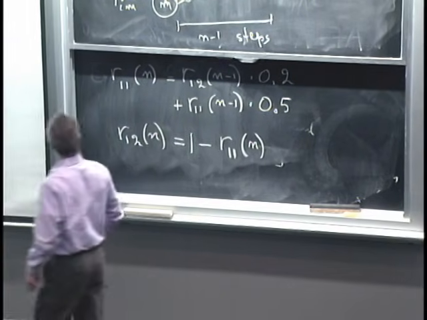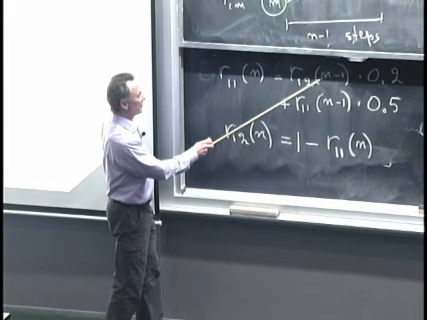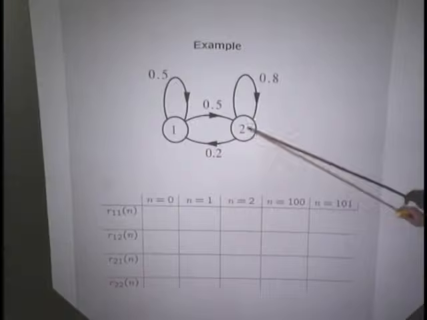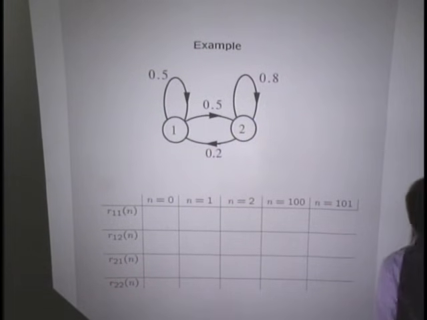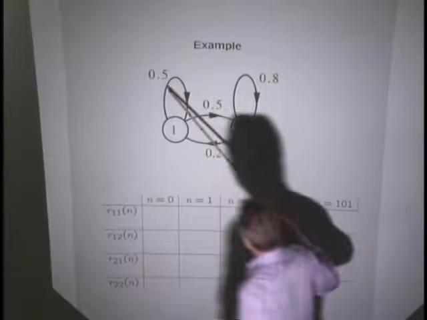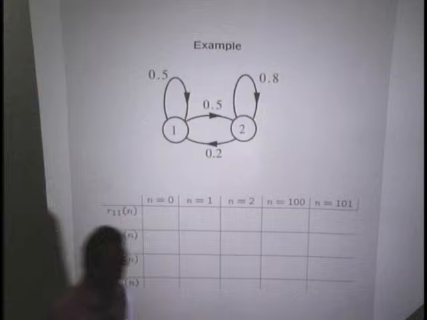So after n minus 1 transitions, either I find myself at state 2, and then there's a 0.2 transition that I go to 1, or I find myself at state 1, with that probability, and from there I have probability 0.5 of staying where I am.